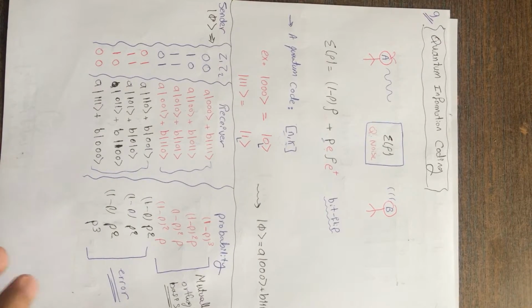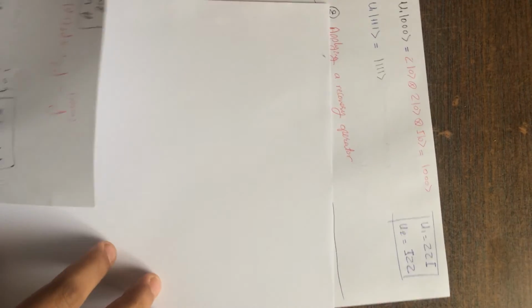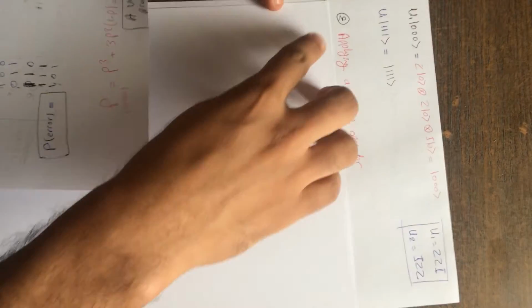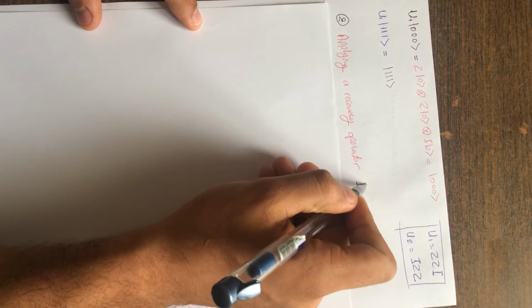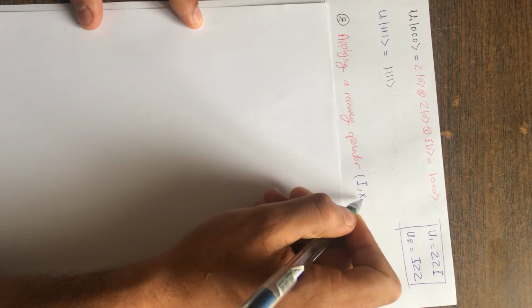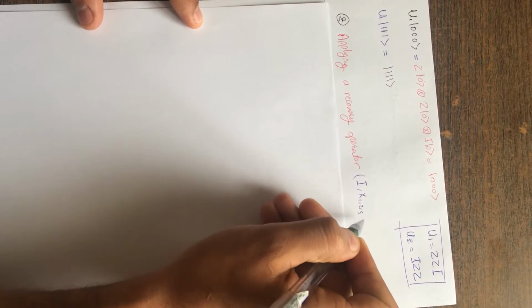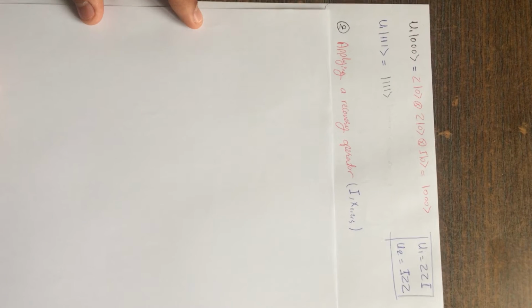Now if I would like to make a second step for applying correction or recovery, recovery means that I have to apply some operations like the identity, X1, X2, X3 to the resulting elements to recover the state again.